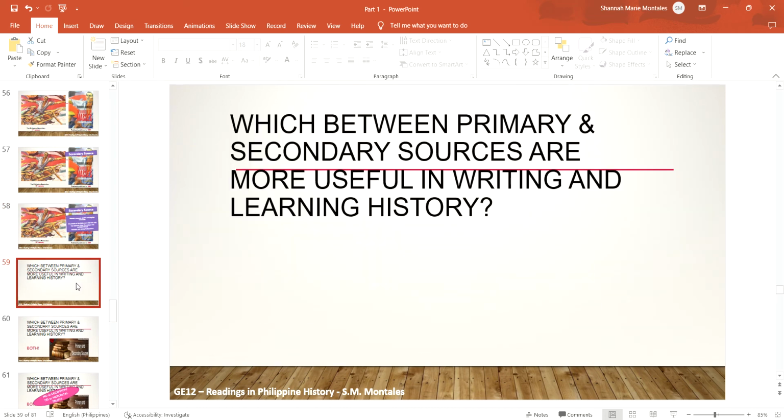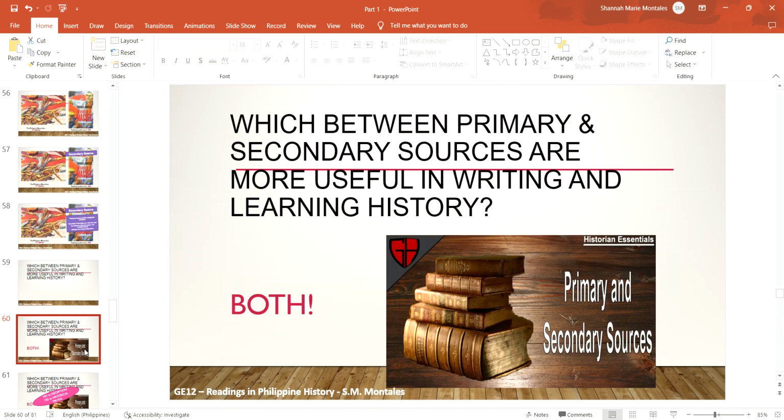So if you would be asked, which between primary and secondary sources is more useful in writing and learning history? Is one better than the other? Well, the answer is both. Both primary and secondary sources are useful in writing and learning history. This is according to Otis College of Arts and Design 2020.